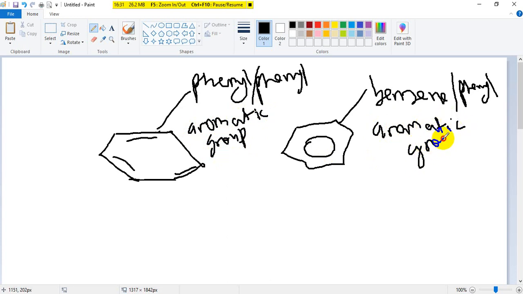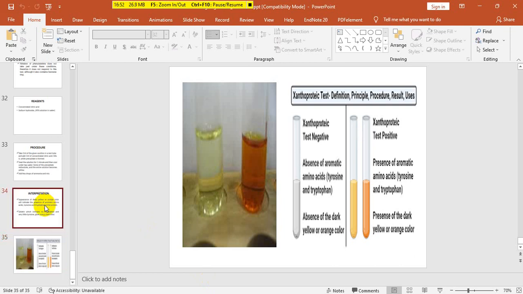So the Xanthoproteic test, look for the presence of what? Phenyl group or aromatic group or benzene ring in a mixture.